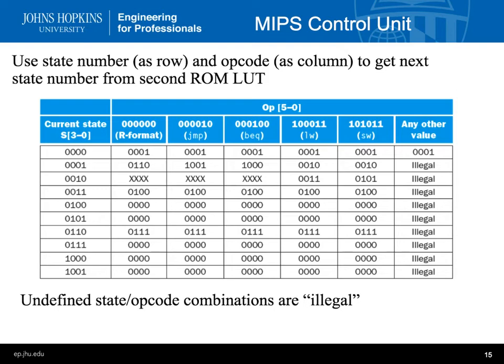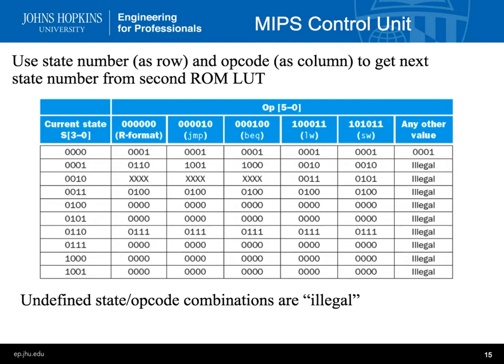Okay, so each micro instruction is going to be 20 bits in this case, and it's going to tell it what to do using those control signals and where to go next with the next state. So if I'm in state 0, no matter what kind of instruction, so again we talked about how we have a small set of instructions, R format, jump, branch on equal, load, and store. But if I'm in state 0, 1 is always going to be next.